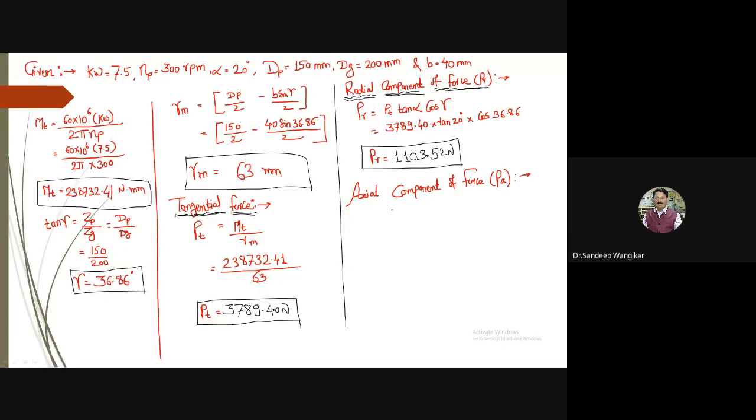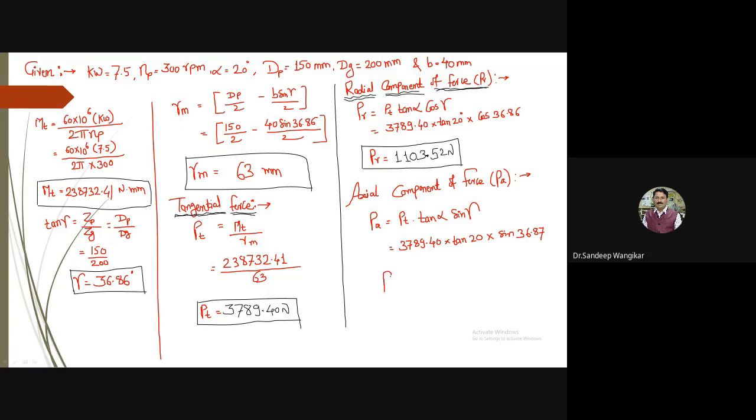What is the formula for this axial component? I can say PA is equal to PT into tan of alpha into sin gamma. So I can say here 3,789.40 into tan 20 into sin of 36.87.